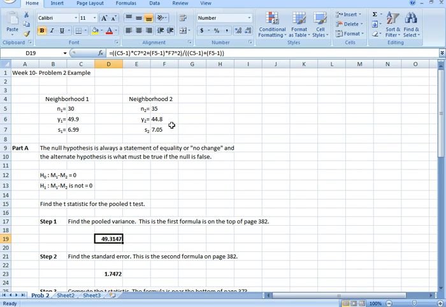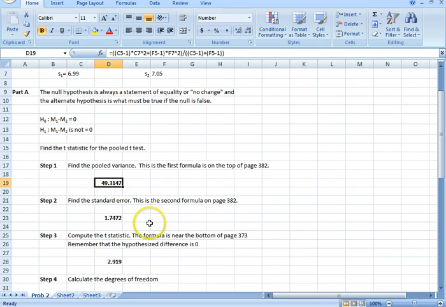And then we're going to divide that by the degrees of freedom, C5 minus 1 plus F5 minus 1 for both of our neighborhood sample sizes. Put the formula in just like I have it here. Lots of parentheses there, so pay attention to those. And we get our pooled variance at 49.3147.